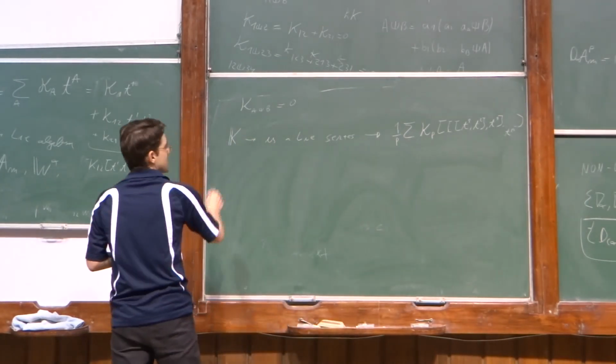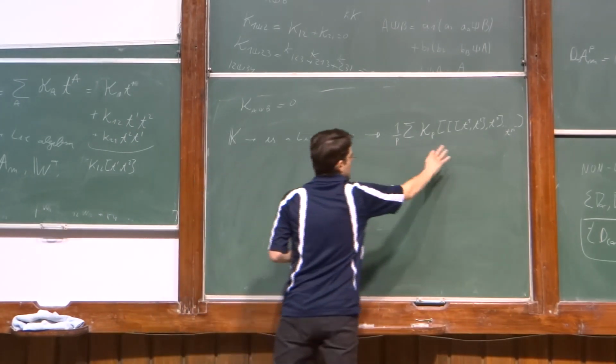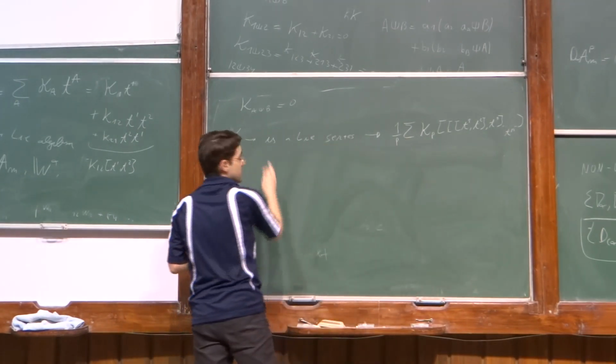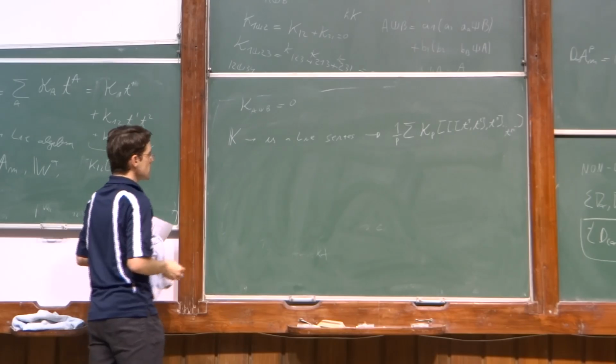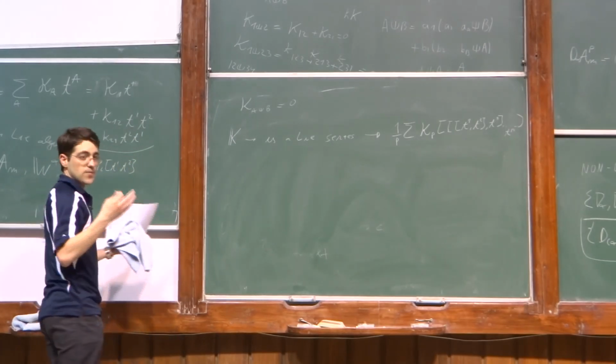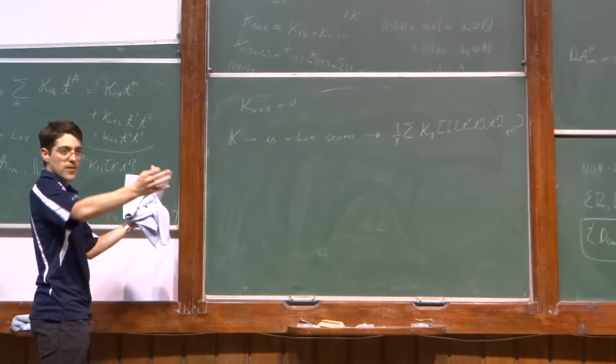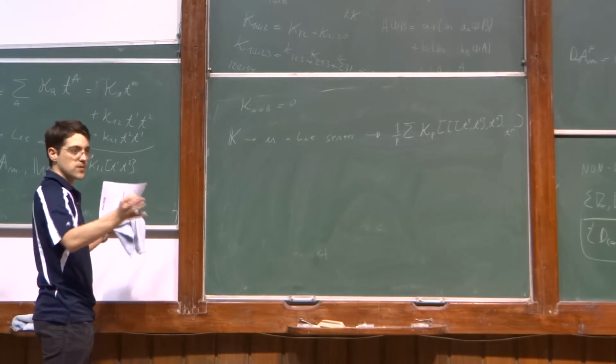And now we have a Lie series of superfields. And they are obtained by summing over all Berends-Giele currents for all multiparticle states.